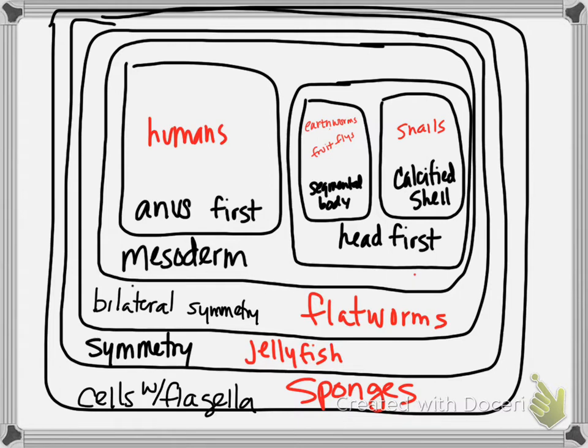What you're hearing is the chitinous exoskeleton. So exo means on the outside. They have their skeleton on the outside. But the material that it's made of is called chitin, and it's softer than bone. It's softer than a snail shell or a clam shell. It's kind of flexible. So, of the earthworm and the fruit fly, only one of them has that.